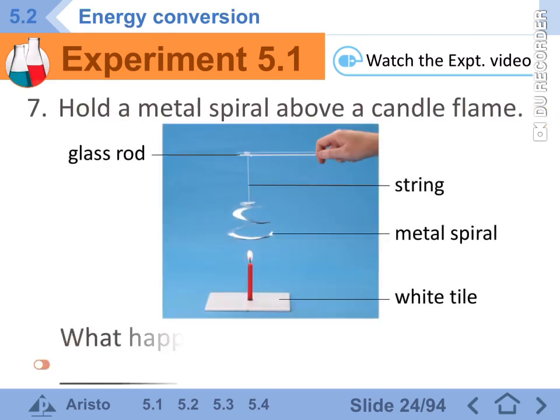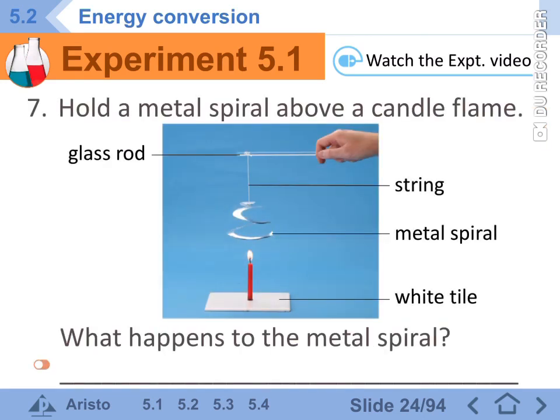And number 7, here we have a metal strip being held up, and underneath there is a candle. What will happen to the metal? The metal will start to turn, and when it turns, it will start to move.